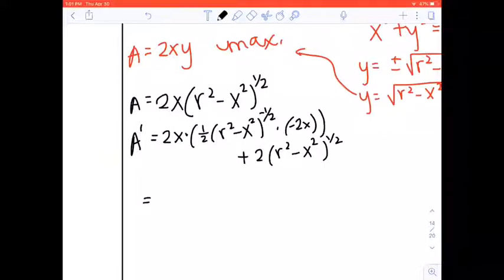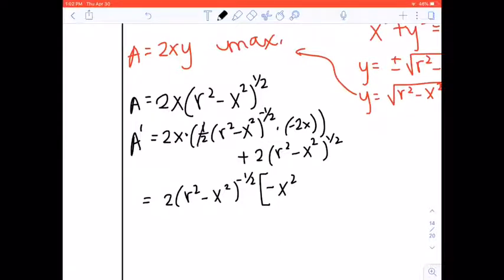I can also factor out a 2. So I can factor out a 2 and (r squared minus x squared) to the negative 1/2. And then left over, we have a negative x squared, and we also have a plus r squared minus x squared.